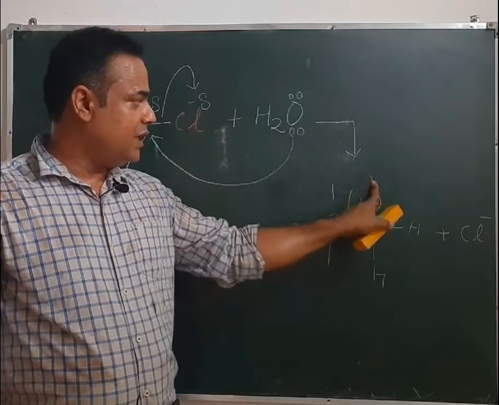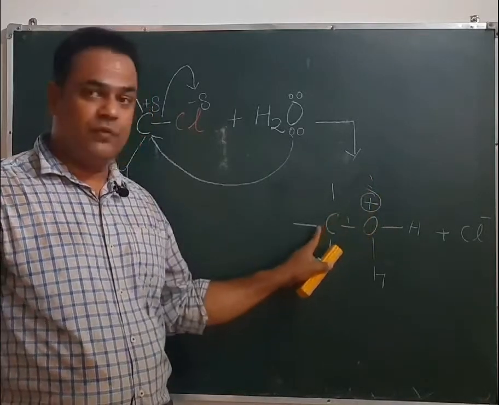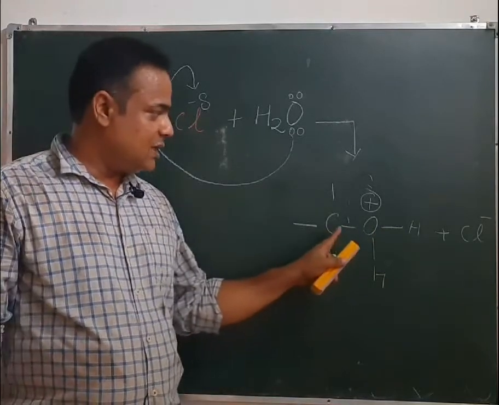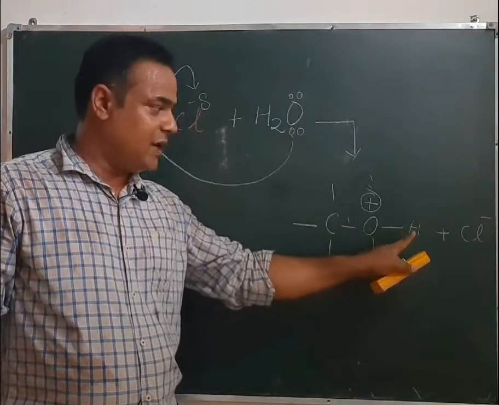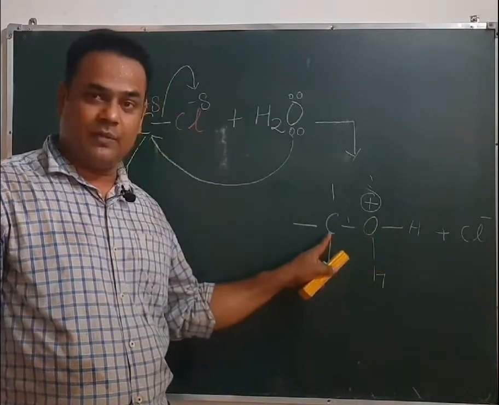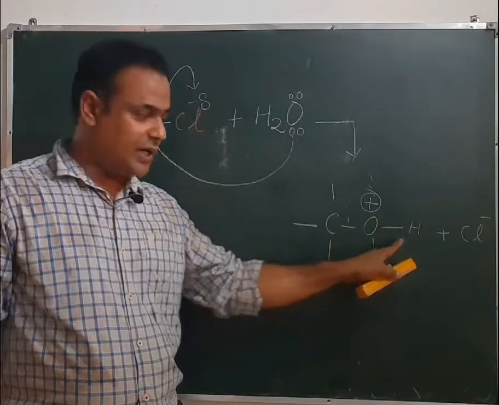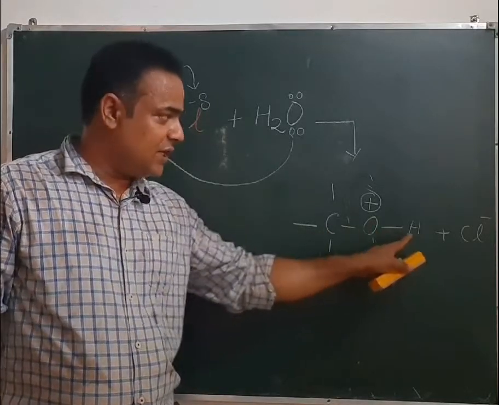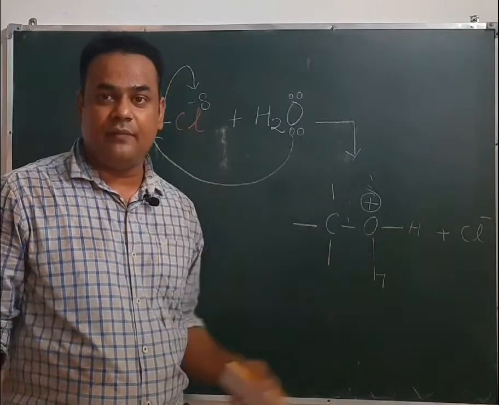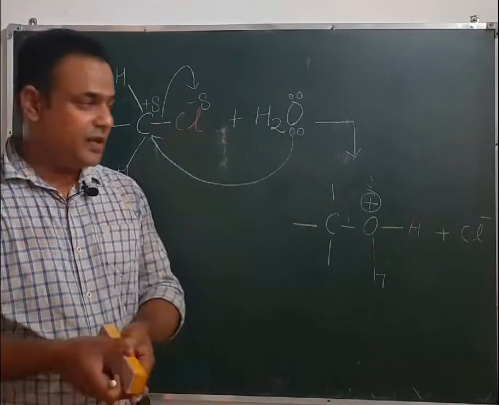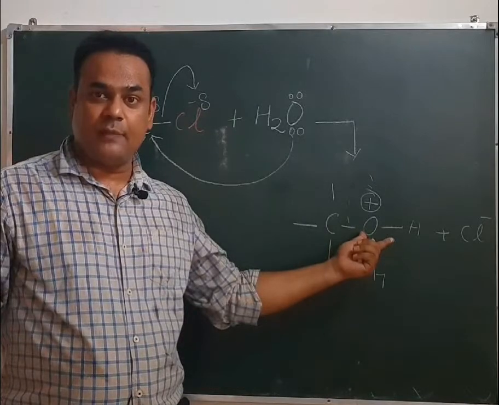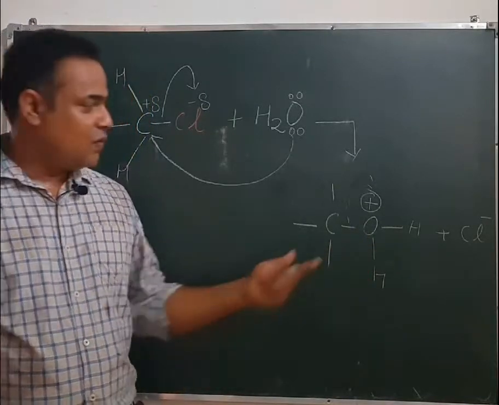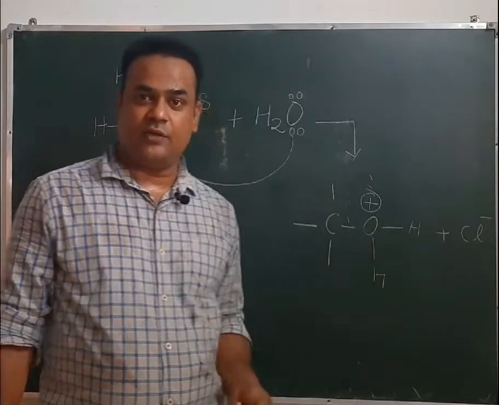Which one is weaker, this carbon bond or this hydrogen bond? You have to guess about that. If we compare the electronegativity of hydrogen and carbon, hydrogen is less electronegative than carbon. Being less electronegative, the electronegativity difference here becomes high. You can understand it this way: oxygen has to withdraw, to snatch electrons from another atom, and here oxygen has only two options, one is carbon and the other is hydrogen.